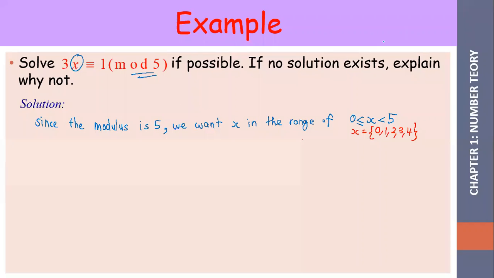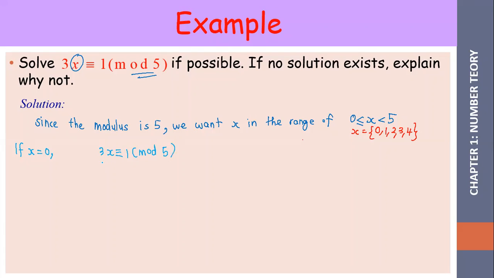Alright, so what's next? If x is equal to 0, then we know that 3 times x is congruent to 1 mod 5, right?